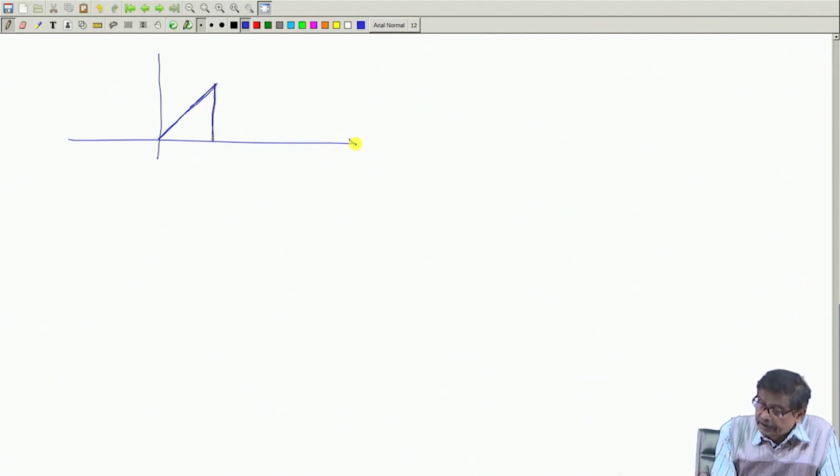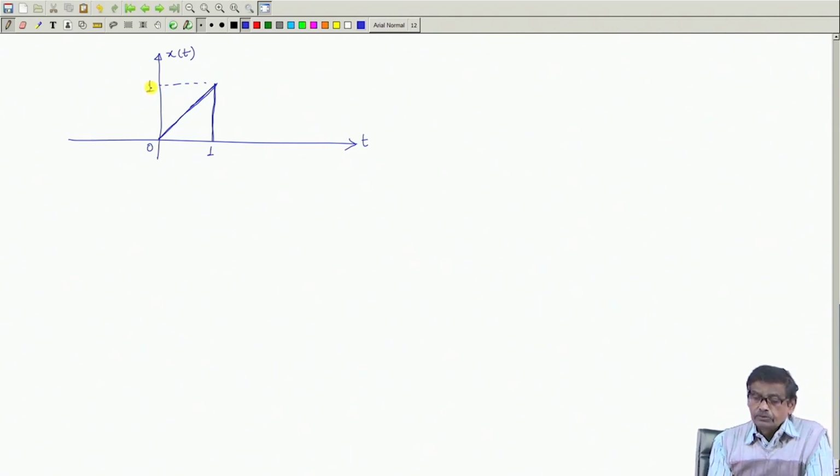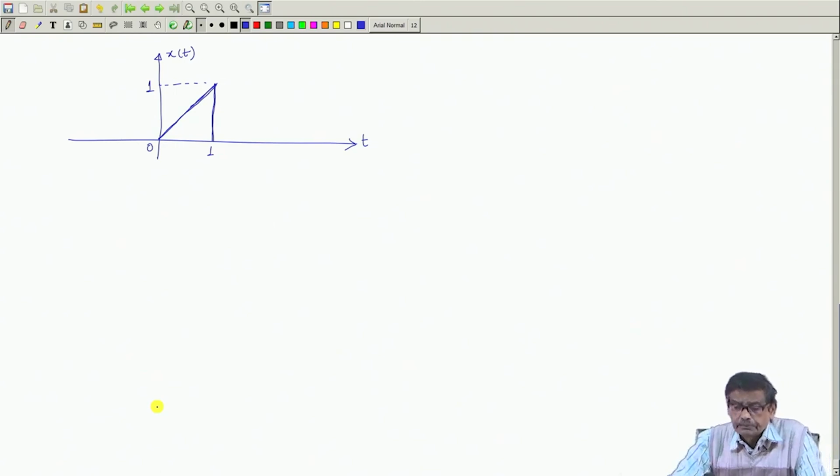This is time, this is your x(t). So, this is suppose 0, this is suppose capital T. Let us put some number. Suppose this is 1 and the value of the function is also 1 here. How to represent this function in terms of either unit step or ramp functions?